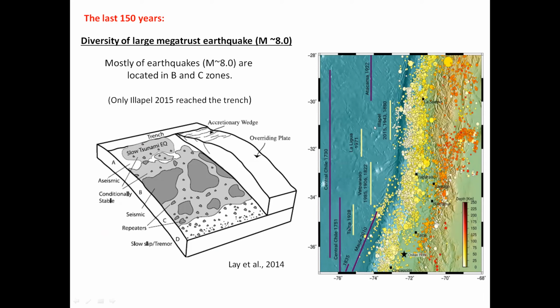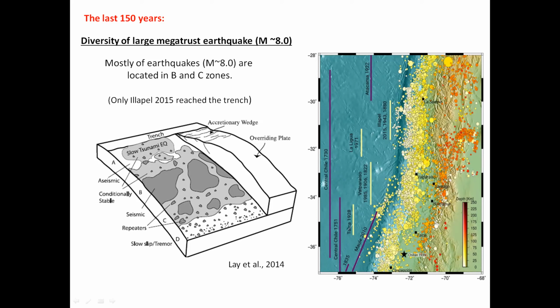In the north part, we have the events that occurred almost in the same place as the recent Illapel earthquake in 2015. Then another, a little smaller earthquake occurred in this zone in 1943, and previously in 1880. If we move to the south, we have the La Ligua earthquake in 1971, magnitude 7.9.